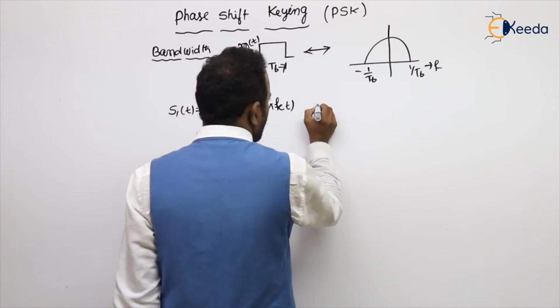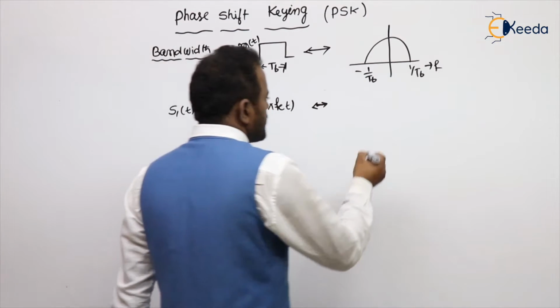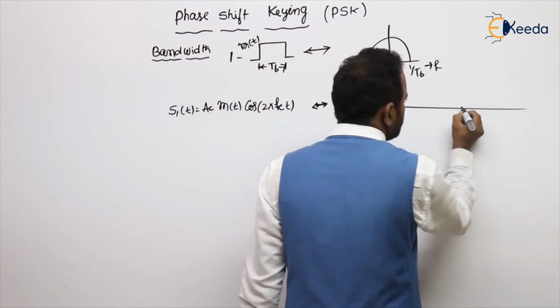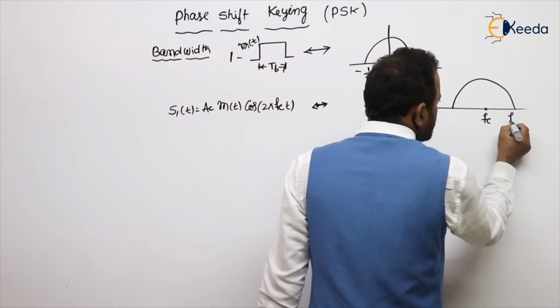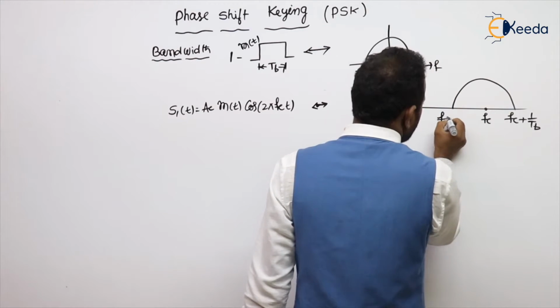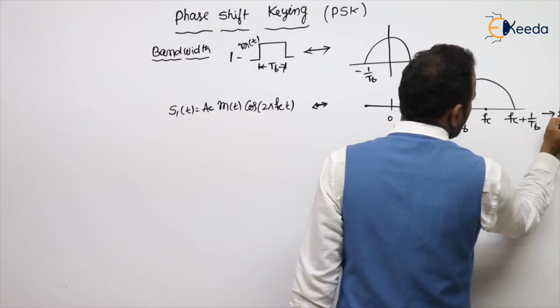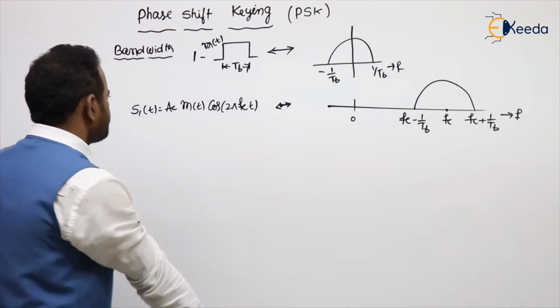Any signal multiplying with that carrier, what will happen? The spectrum of the signal will be shifted to fc. What is this value? fc plus 1 by Tb. This value fc minus 1 by Tb. Are you getting my point?